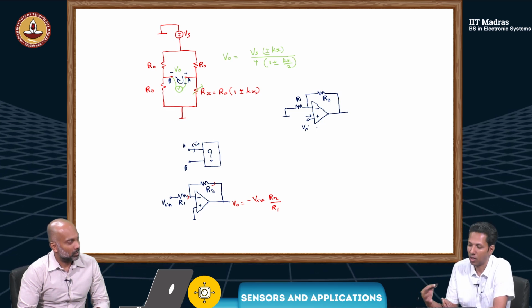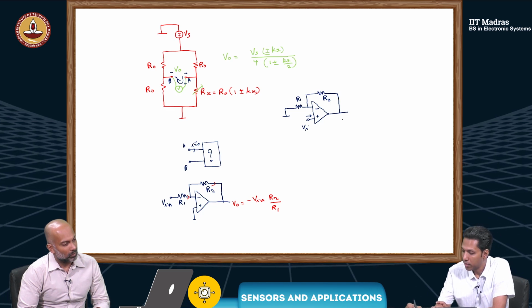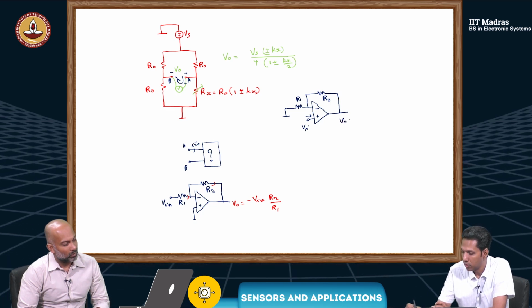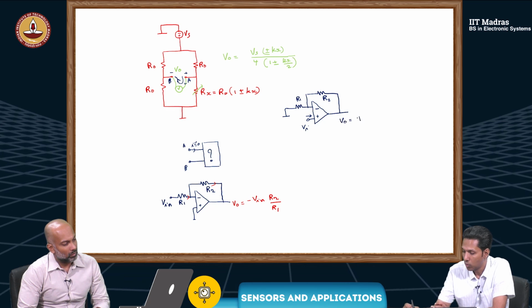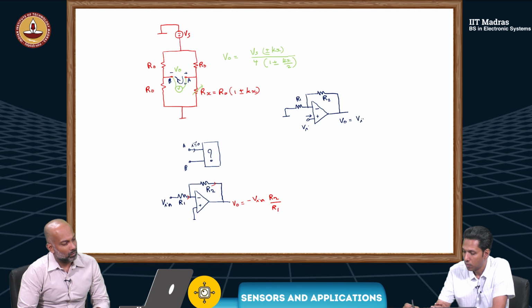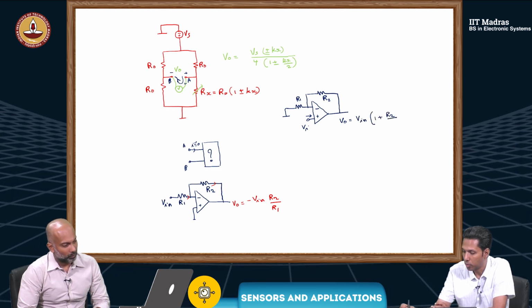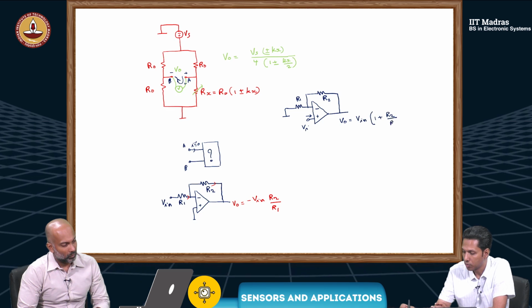For this configuration, we know the output voltage is Vin into 1 plus R2 by R1.